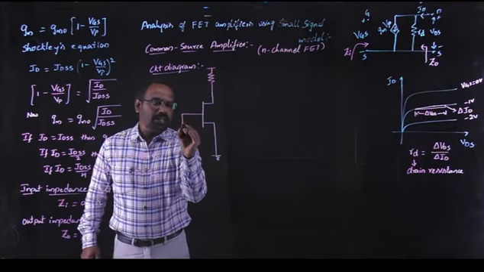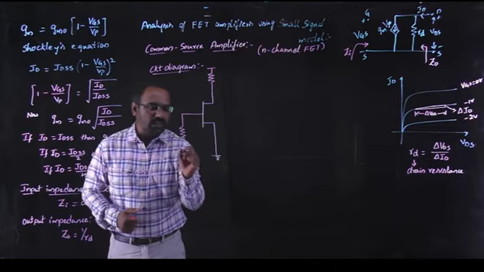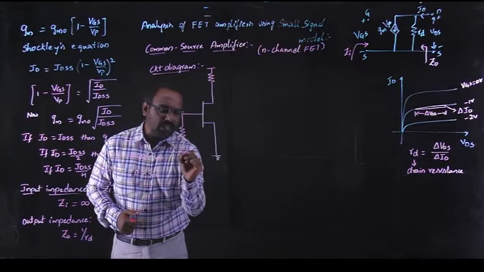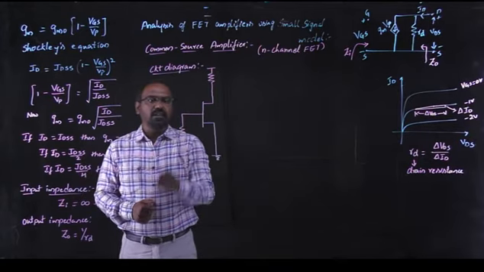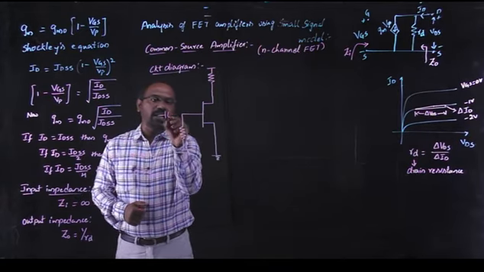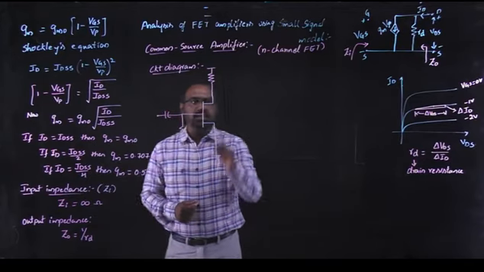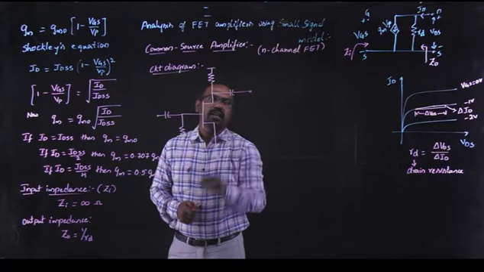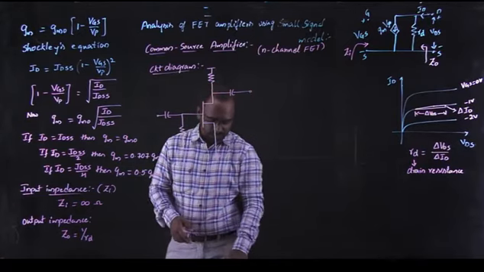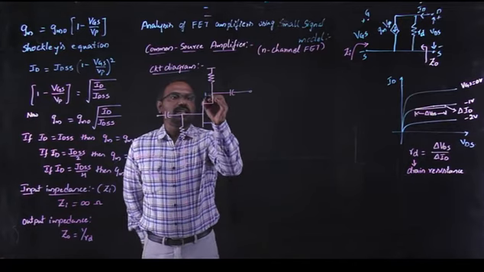And at the gate, a resistance RG we are having. From that, a negative voltage minus VGG is connected. And the input is applied through the gate using an input capacitor, and the output is taken from the drain through the output capacitor.